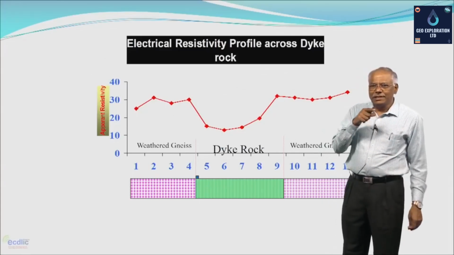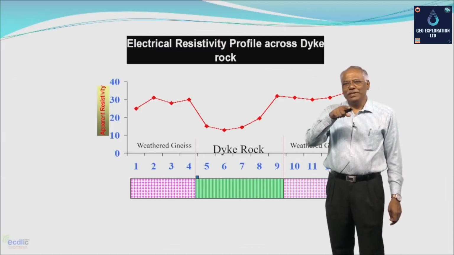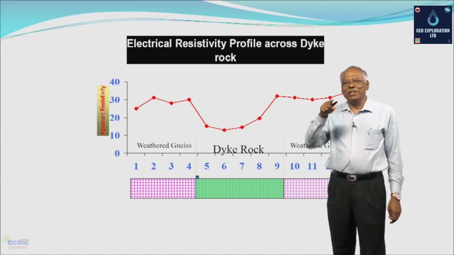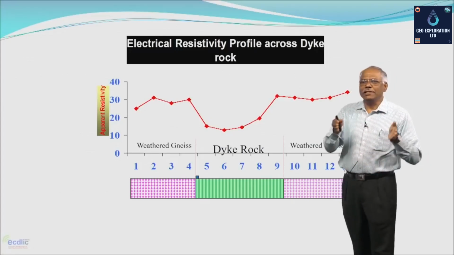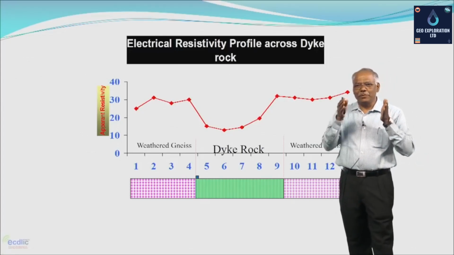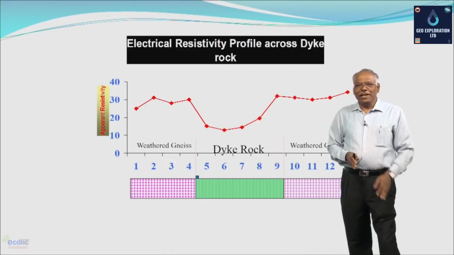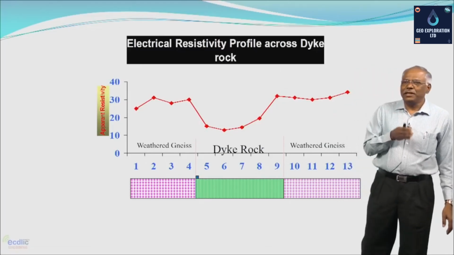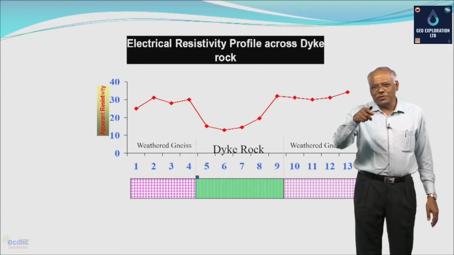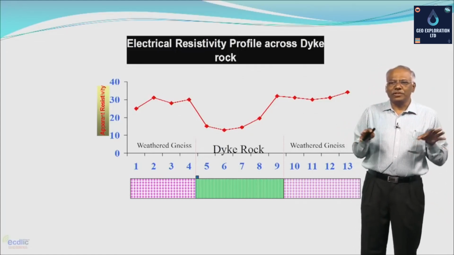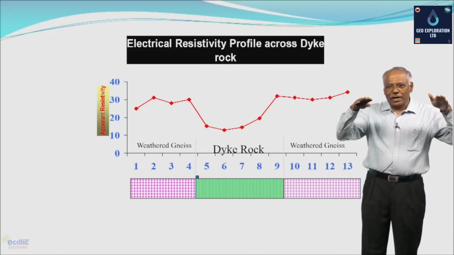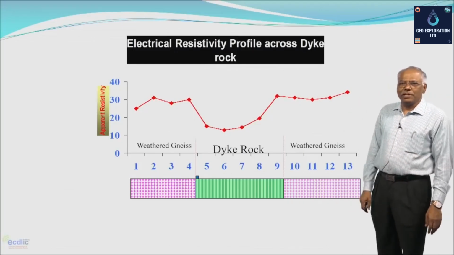and one can see that there is a hump and there is a low along this particular linear graph. This low coincides with the dike feature in the field. The dike is a conduit type of dike, and therefore low resistivity is obtained for it, whereas on either side the weathered gneissic rock gives higher values of apparent resistivity.